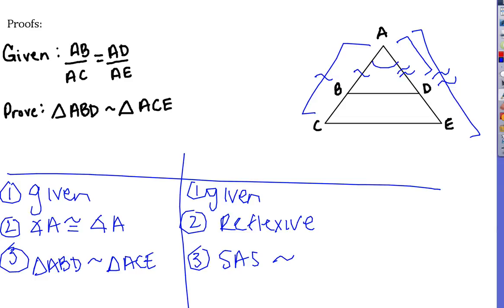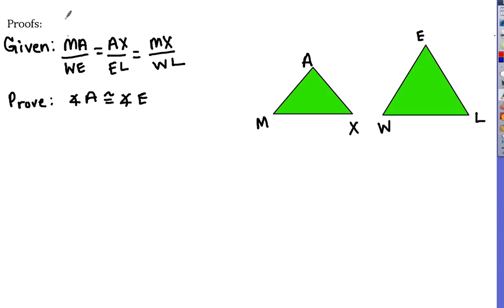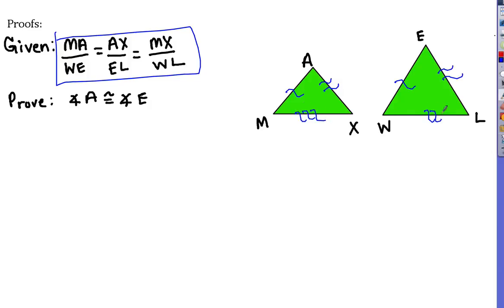And then for the last one, you're given that all three sides are proportional, so MA corresponds to WE, AX corresponds to EL, and MX corresponds to WL.